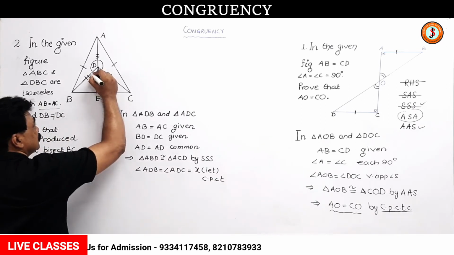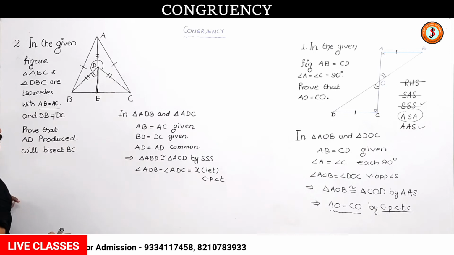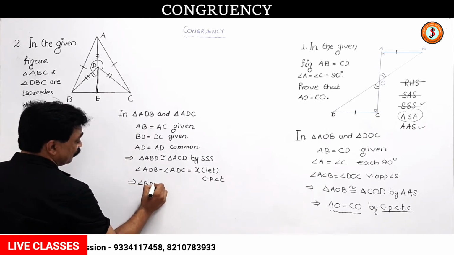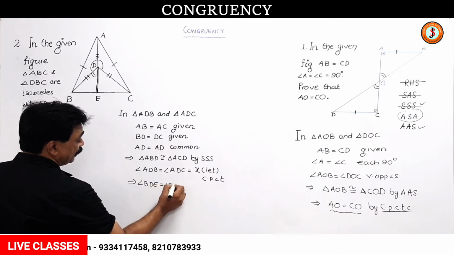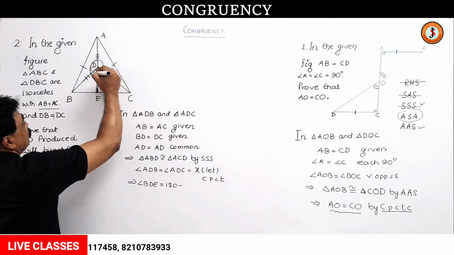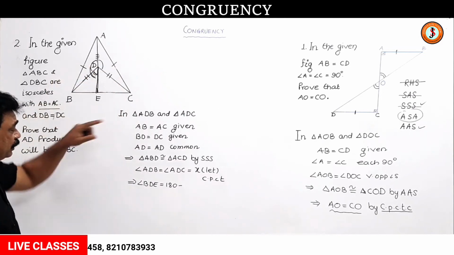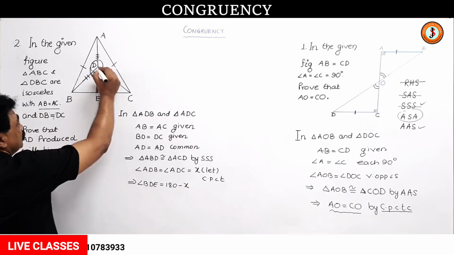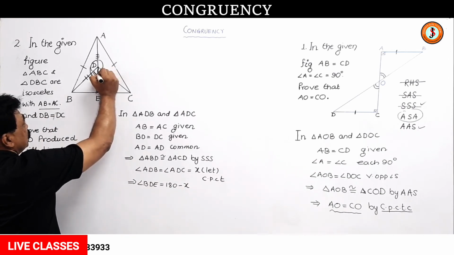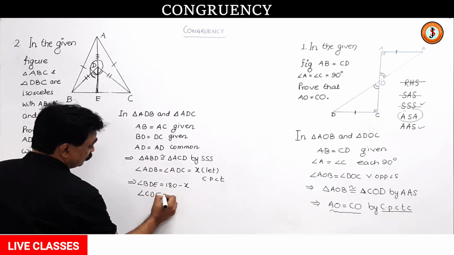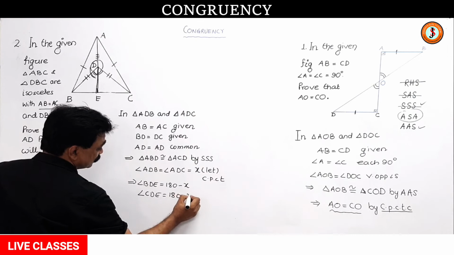We can get this angle as 180 minus x. Angle BDE will be equal to 180 minus ADB, because this is a straight line, and ADB I have taken as x, so 180 minus x. Similarly, this angle I have taken as x, so angle CDE will also be equal to 180 minus x.